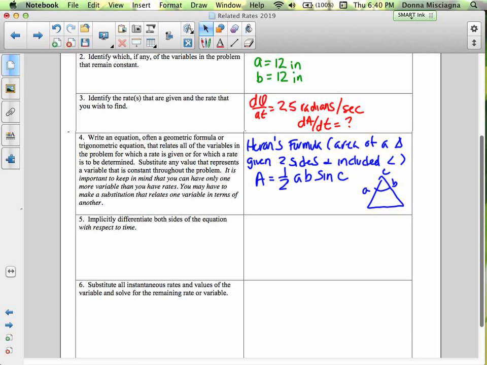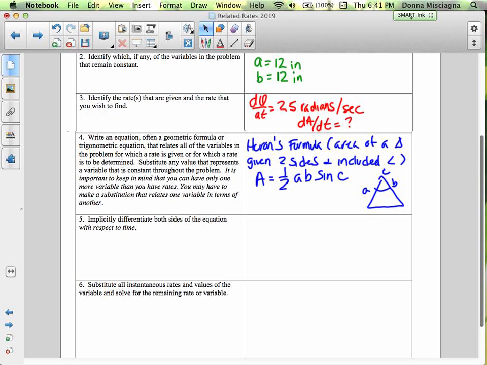But first, you might be thinking we've got to use the product rule here. But no, because A and B are constant. So before we do anything else, we need to plug in those values that are constant throughout the problem.